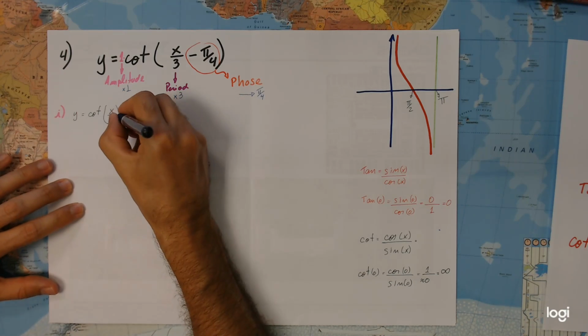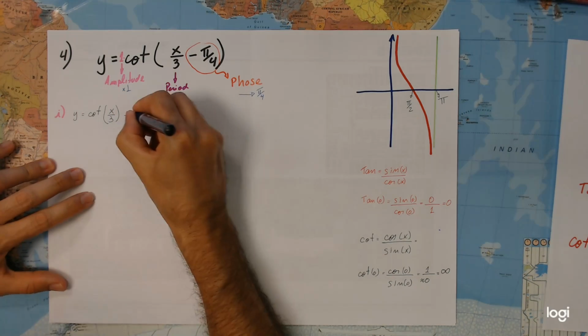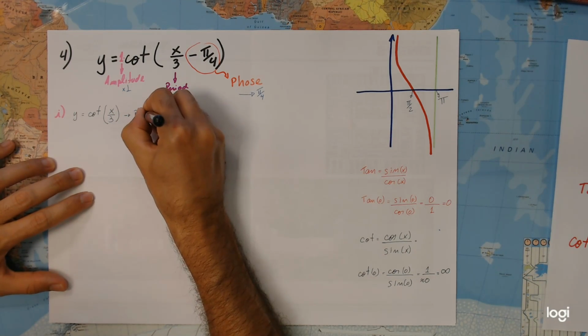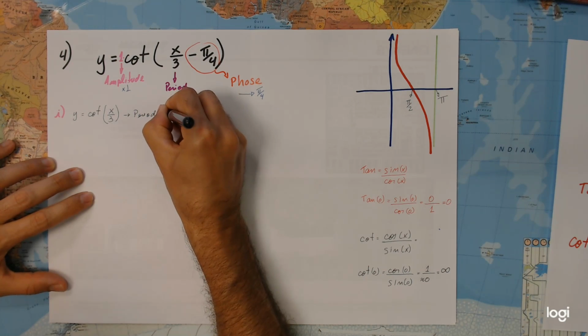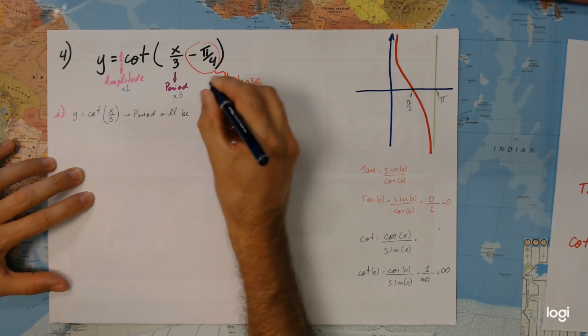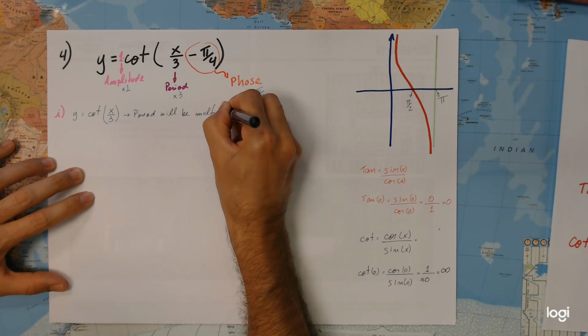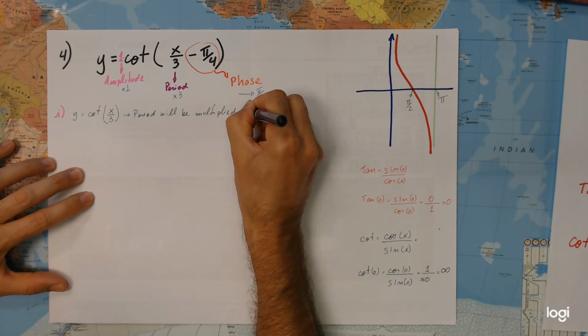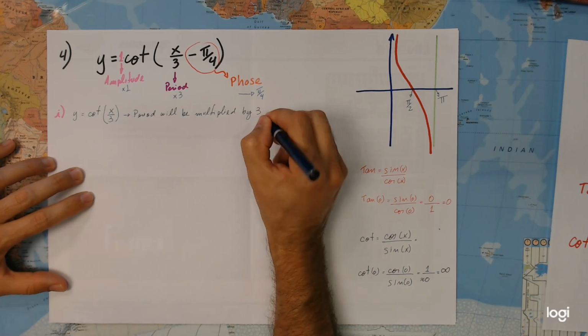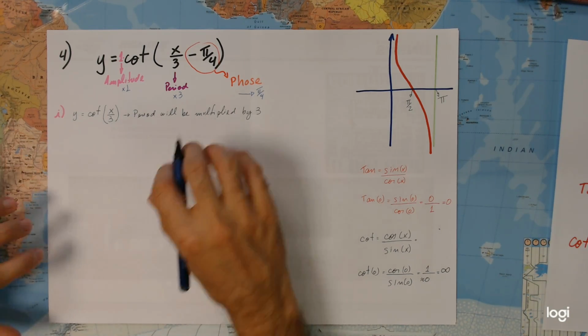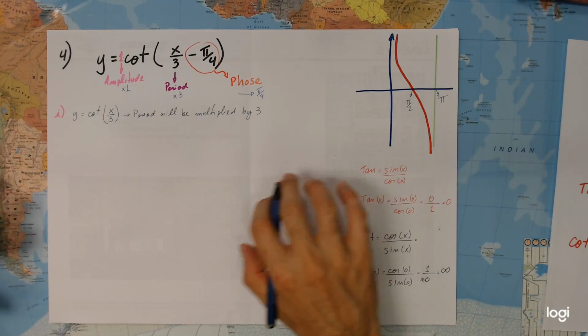This means that our period will be multiplied by 3. Okay? Meaning we are just stretching our chart like this.